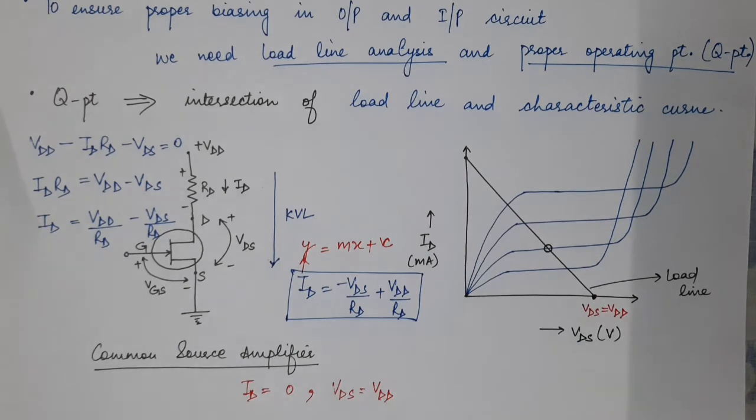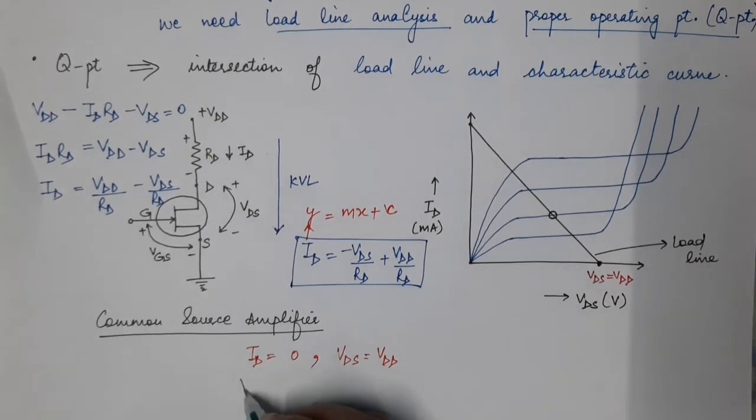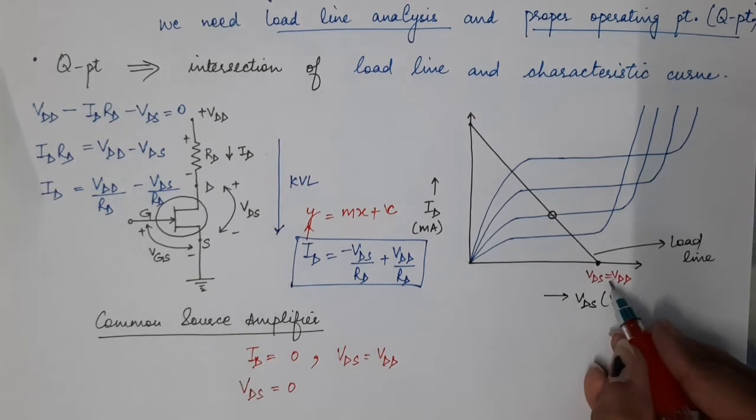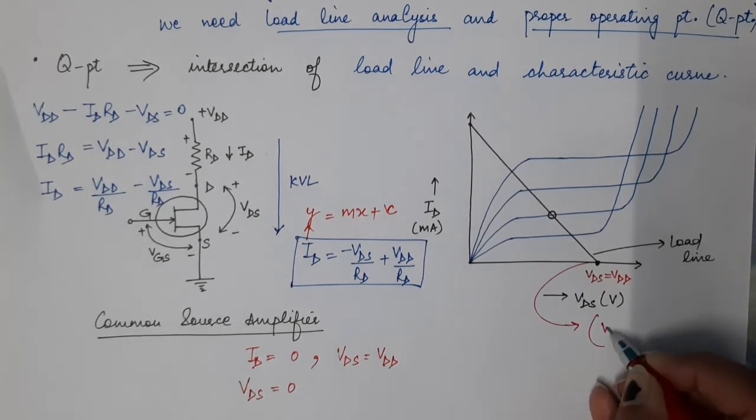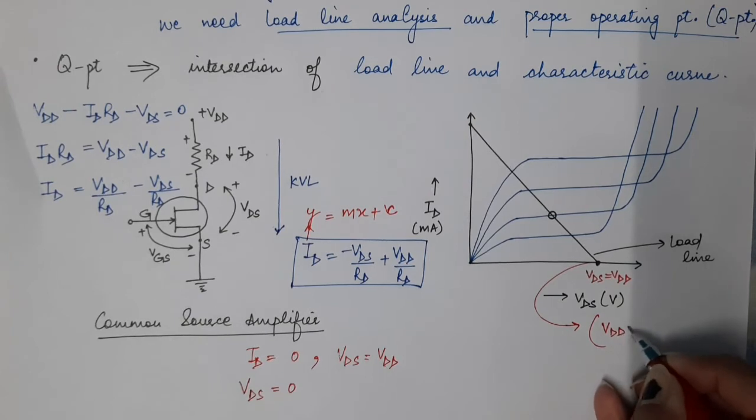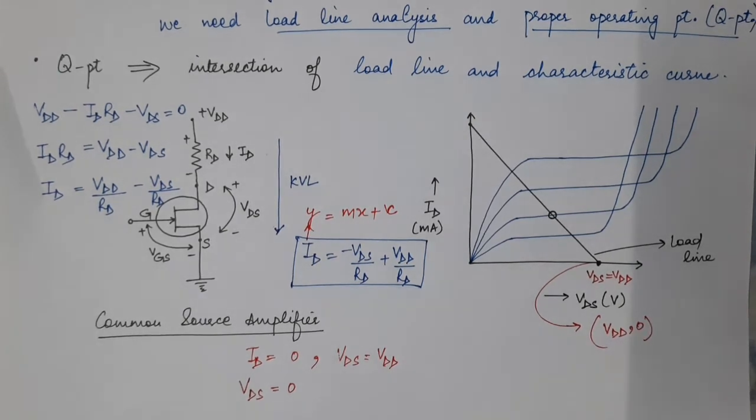To find the other point of the load line, make VDS equal to 0. So the coordinates of the first point are VDD, 0, x coordinate, y coordinate.